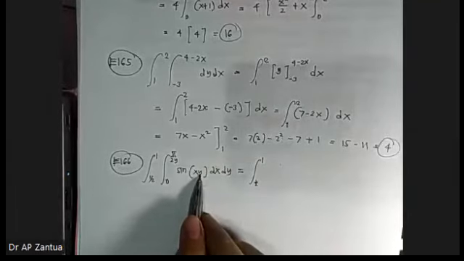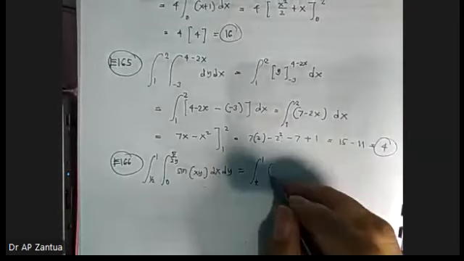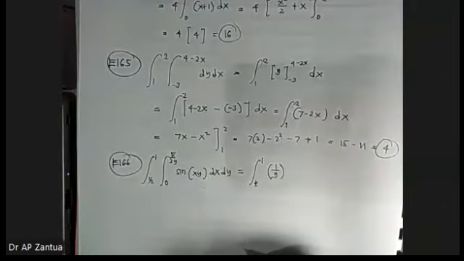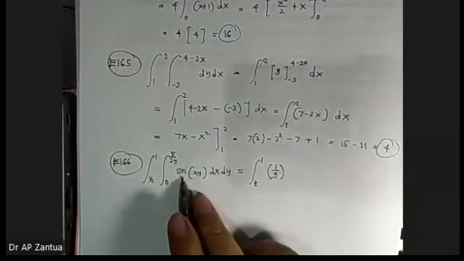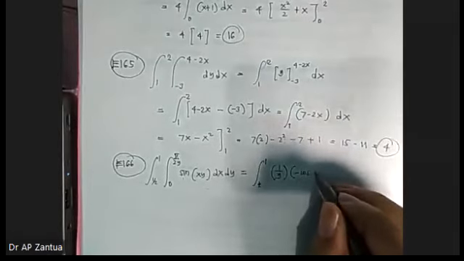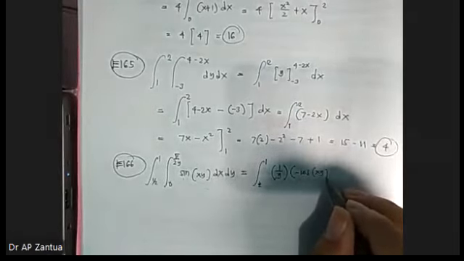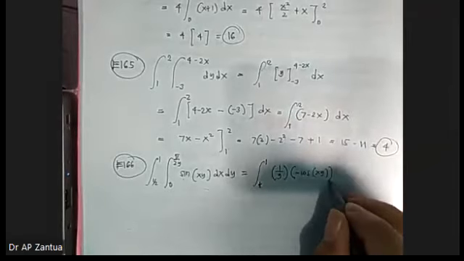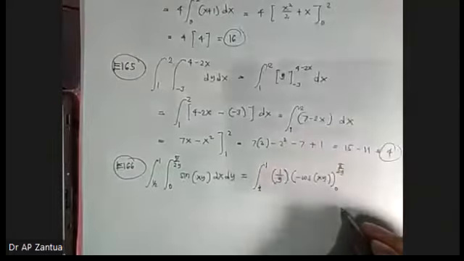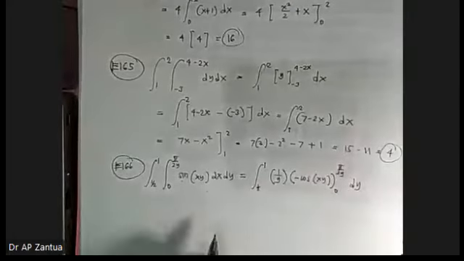Y is a constant right now. So that is 1 over y. Integral of sine is negative cosine, negative cosine xy, from 0 to pi over 2y, then dy.